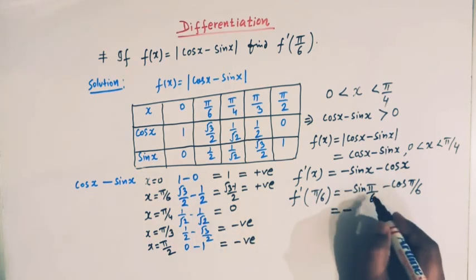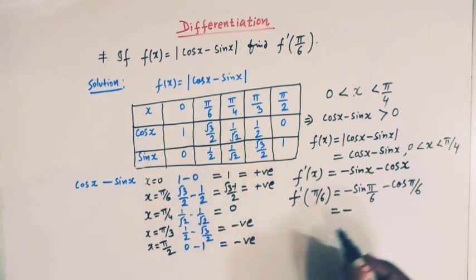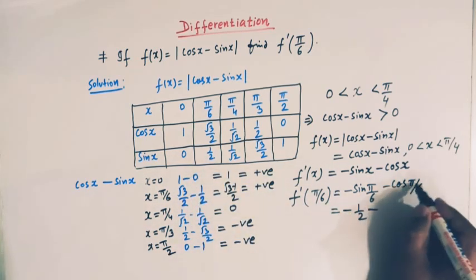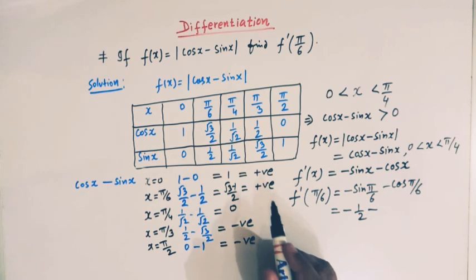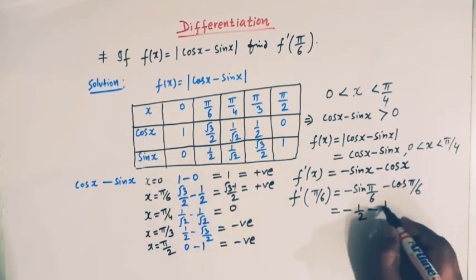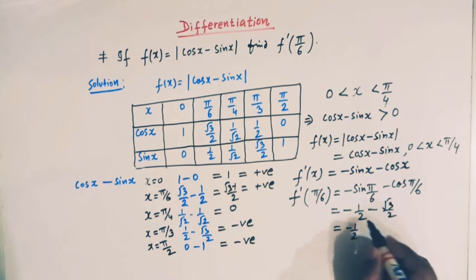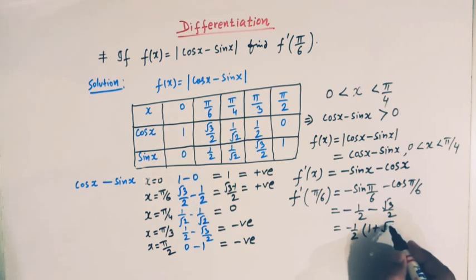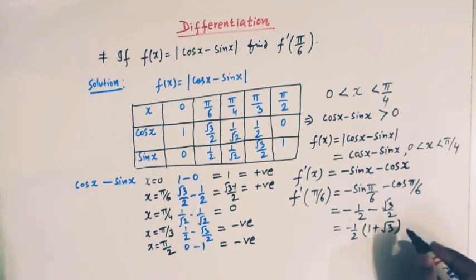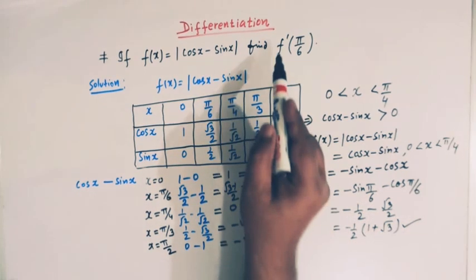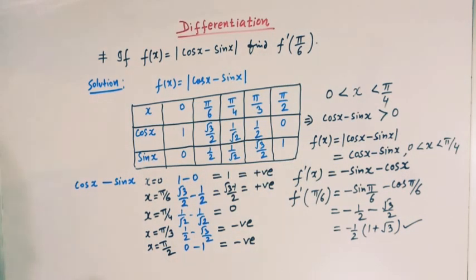The value of sin π/6 is half, and the value of cos π/6 is √3/2. So we can write it as −1/2 (1 + √3). This is the required value of f′(π/6).